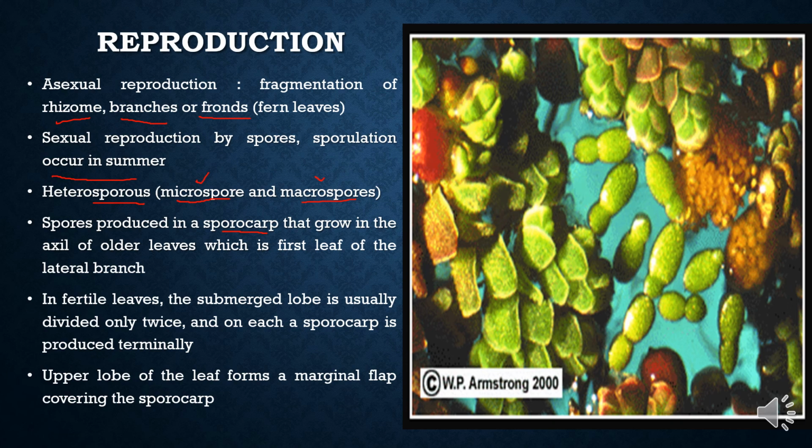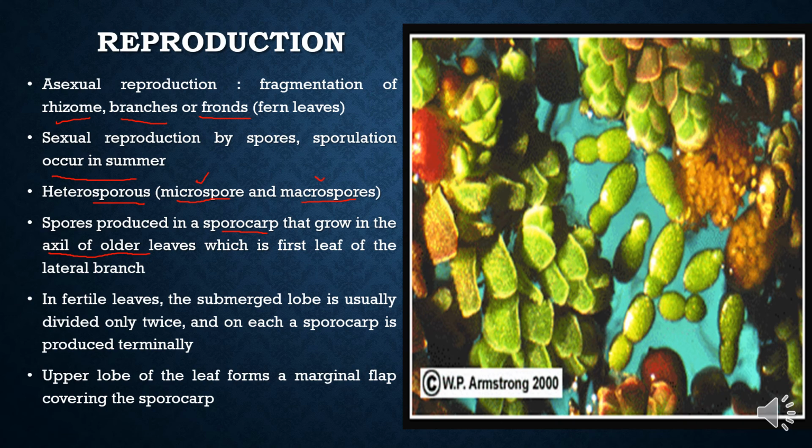The sporocarp is a specialized form of the sporangium, because it is in an aquatic environment. All the aquatic ferns have the spores produced inside the sporocarp, and these sporocarps are positioned on the axils of the older leaf.